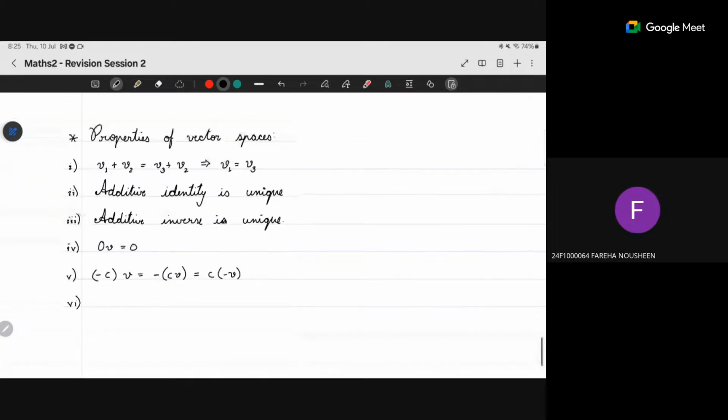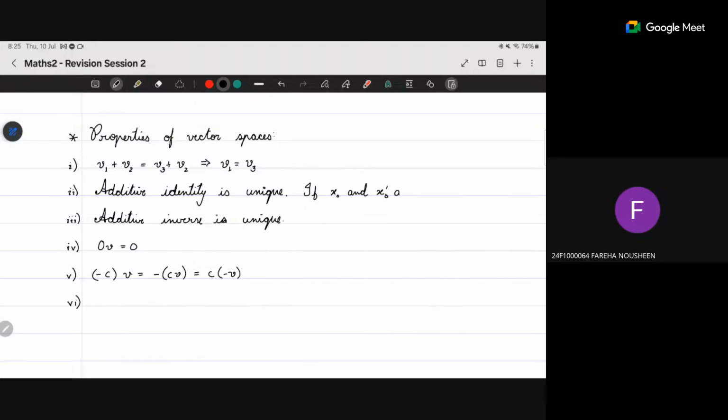Unique meaning if x naught and, let's say, x naught prime satisfy, what was that axiom? Probably 3. Let me just verify that later. Then x naught is equal to x naught prime.